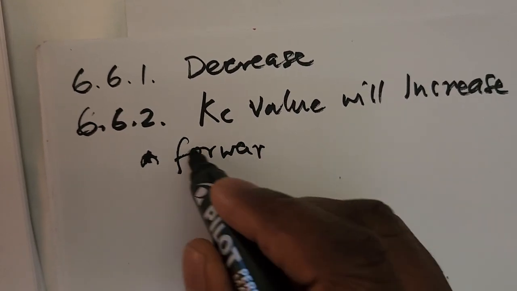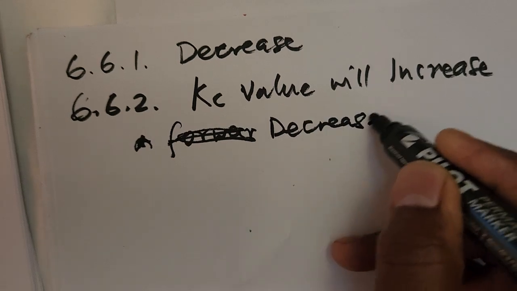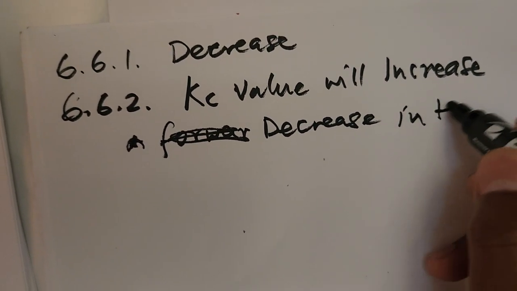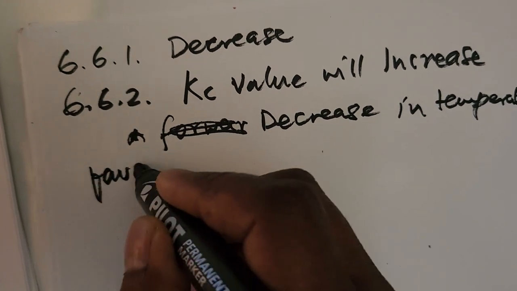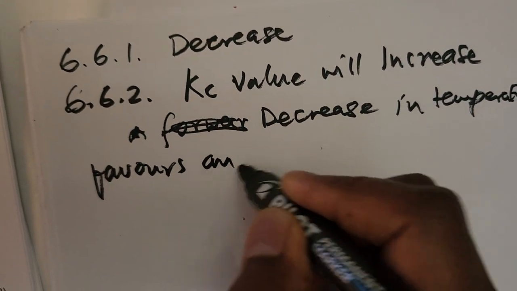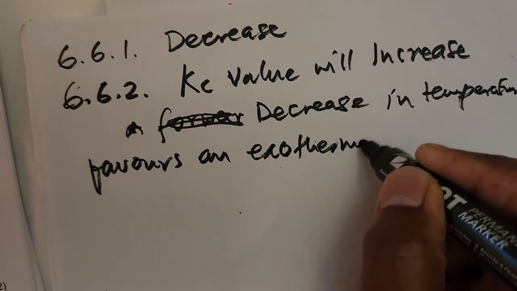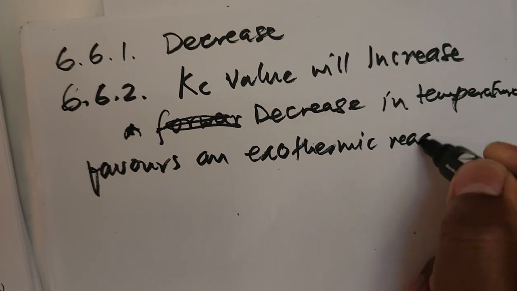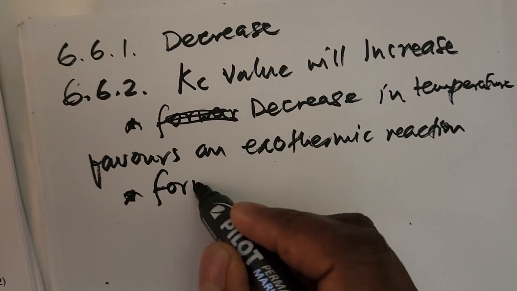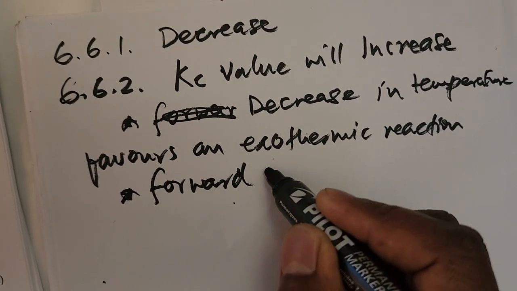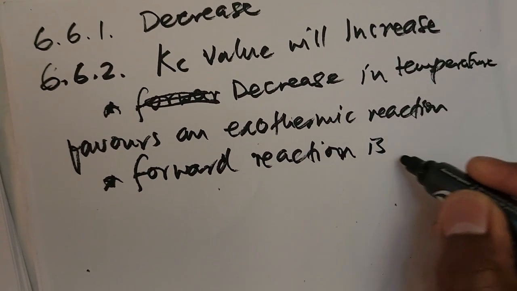Let's write the principle: a decrease in temperature favors an exothermic reaction. Therefore, the forward reaction is favored.